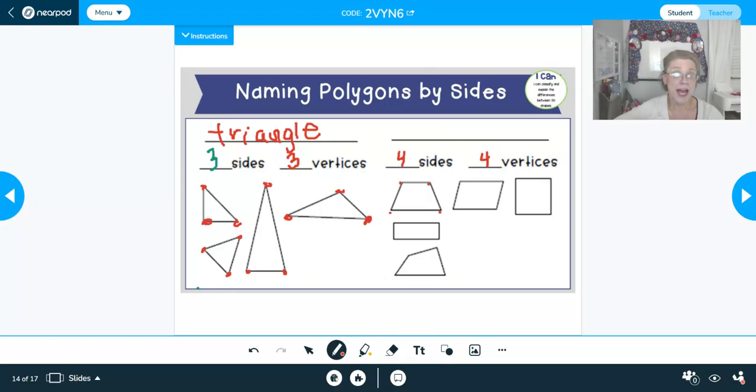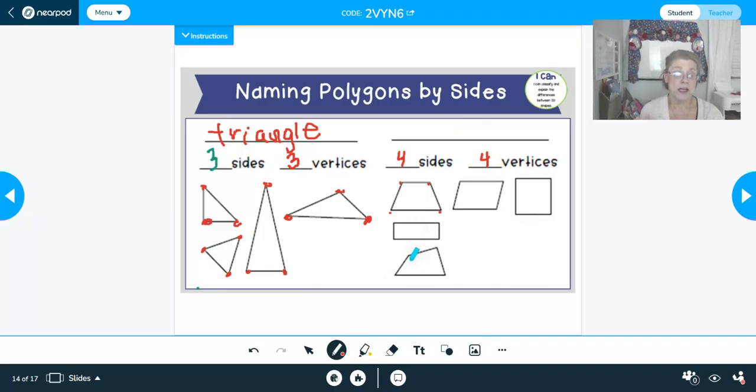So let's go look at our vocabulary list. The only thing I am going to say is a trapezoid, because it's a closed shape with 4 straight sides and one side is parallel.